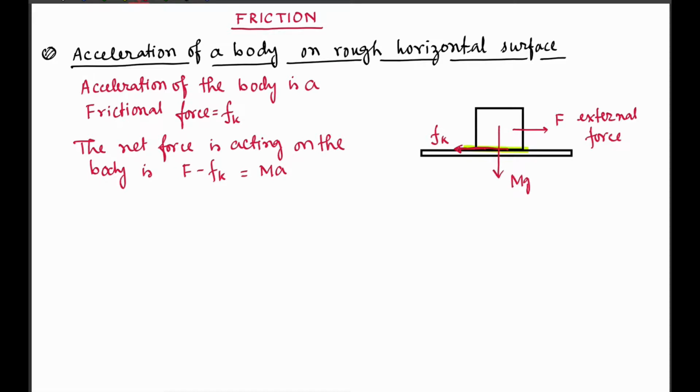Mg is the weight of the body and R is the reaction force. As the body is not moving upward, along the vertical direction the resultant force is 0. For that reason, R is equal to mg.